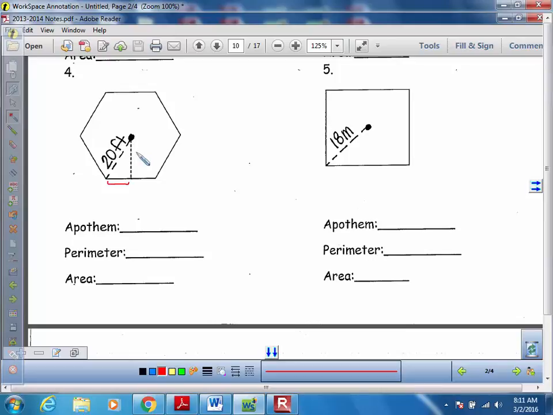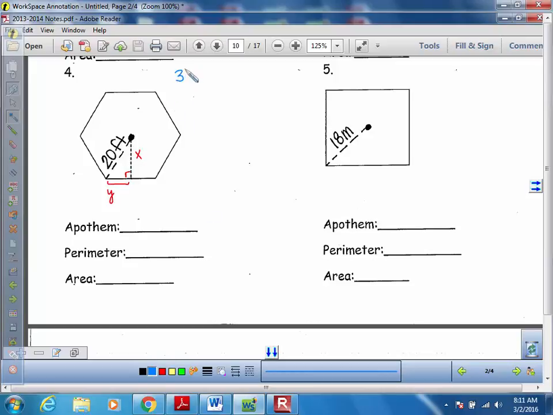So what I'm going to do, I'm going to let my apothem be x, and half of the side be y. The first thing we're going to need to do is find our angle, so we're going to figure out whether we use trig or we use our special right triangles.